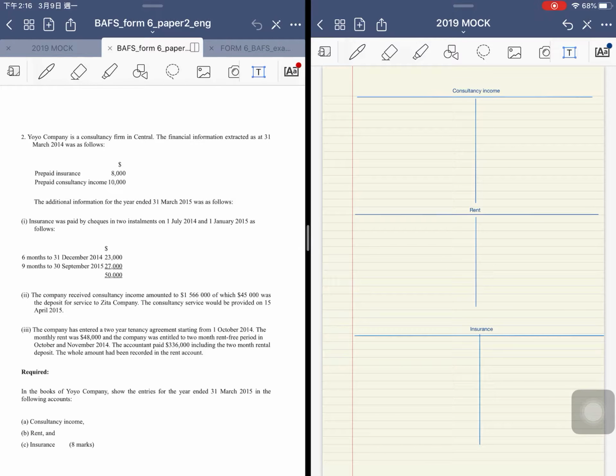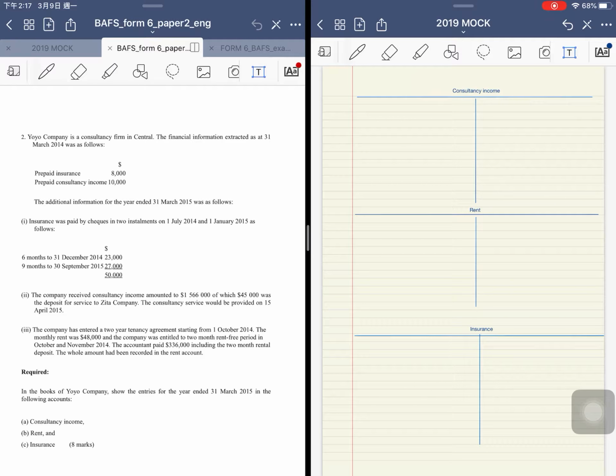Okay, in question 2, Yo-Yo Company is a consultancy firm in Central. The financial information extracted as at 31st of March 2014 was as follows. We have prepaid insurance 8,000 and prepaid consultancy income 10,000.